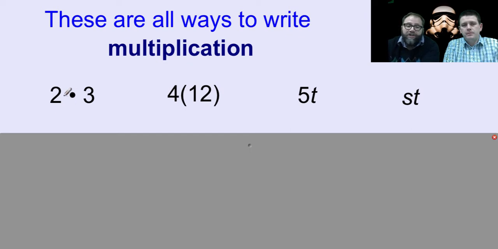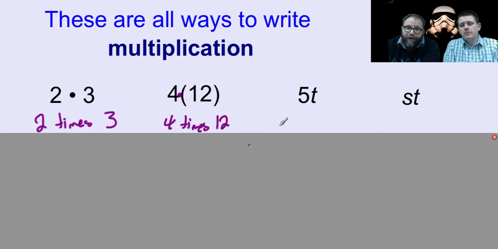If we put a giant dot between them, different than a decimal, that's the same as saying 2 times 3. If we use my favorite, which is some parentheses, you're going to see that a lot in 7th and 8th grade, that indicates 4 times 12, which is 48. When we get a variable in there, it's the same thing. Now it's 5 times t.